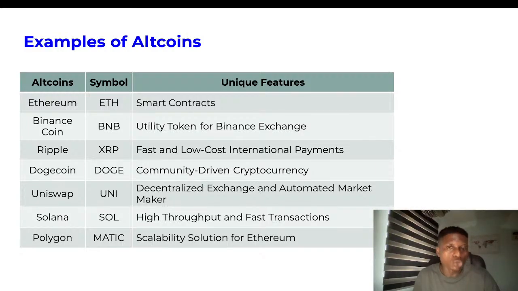What is the unique feature? It is a community-driven cryptocurrency. Now we look at Uniswap. The symbol of Uniswap is Uni. What is the unique feature? It is a decentralized exchange and automated market maker.